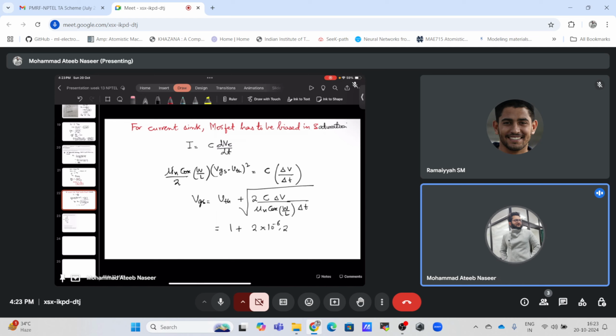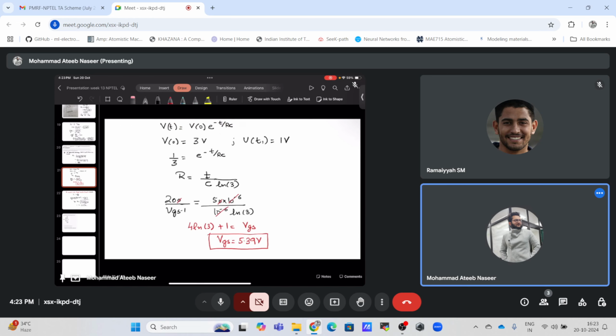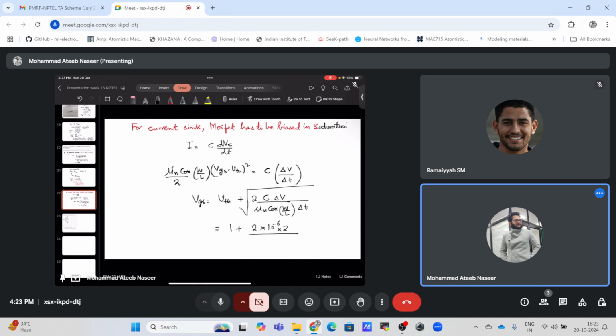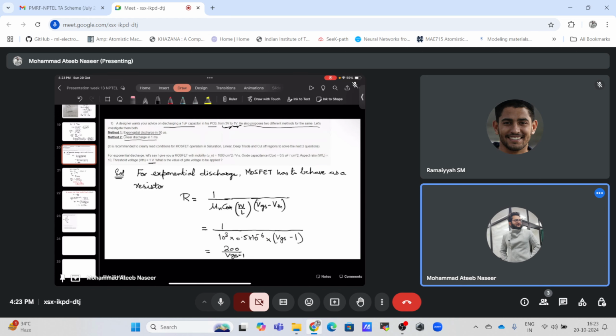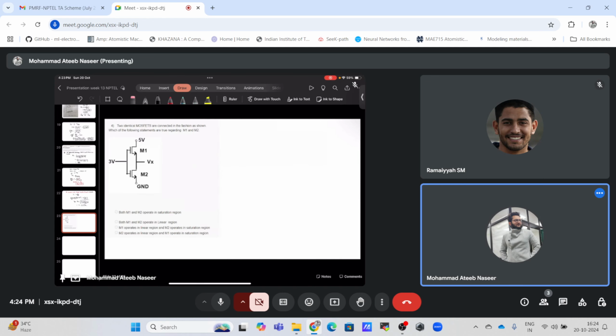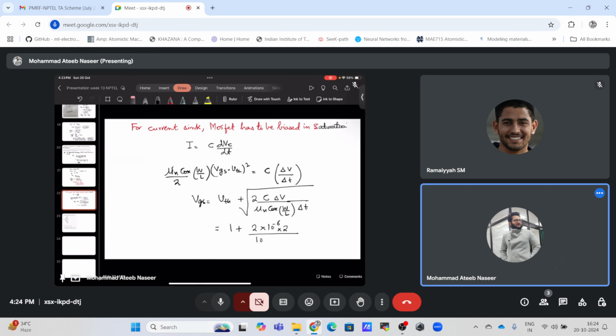Mu n is mobility, and it is, I guess, 1000, times 0.5 into 10 to the power of minus 6, into W by L which was 10.